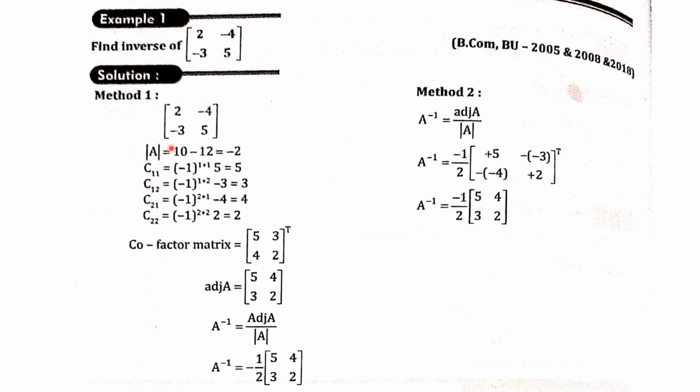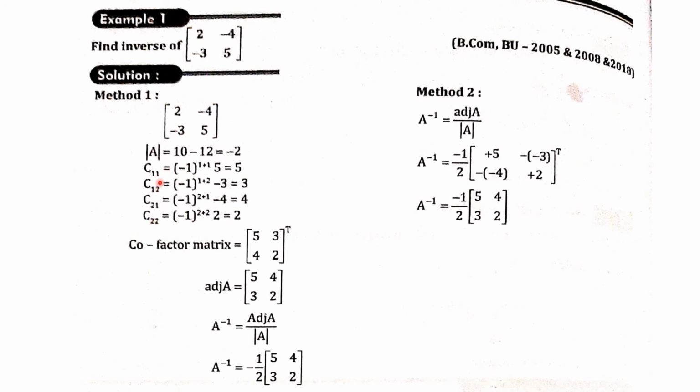The determinant of A will be 2 into 5, which is 10, minus 4 into minus 3, which will become plus 12, and since minus is already there, it becomes minus 12. So 10 minus 12 is minus 2. Now you have to find out the cofactors, that is 1 1, 1 2, 2 1 and 2 2.